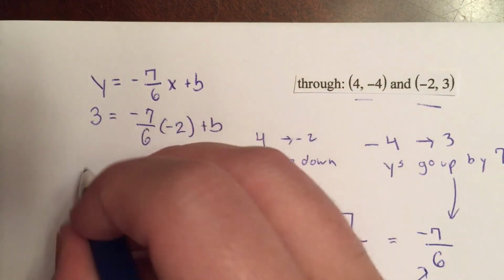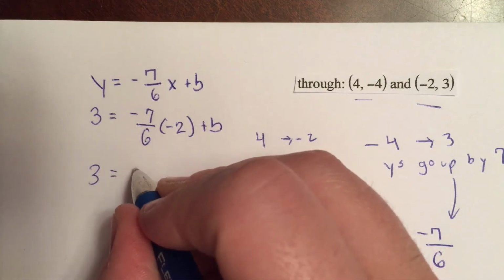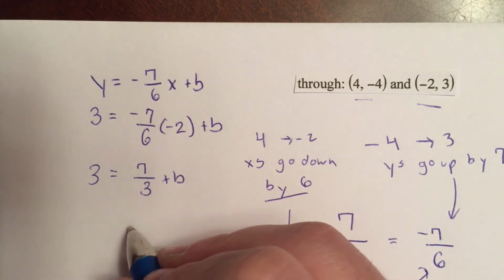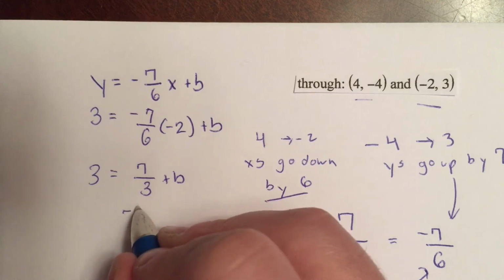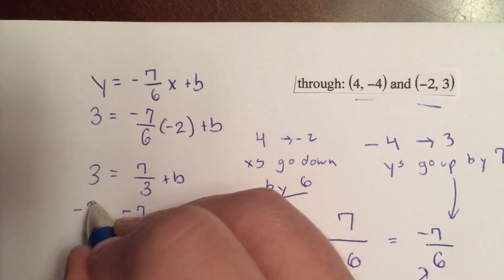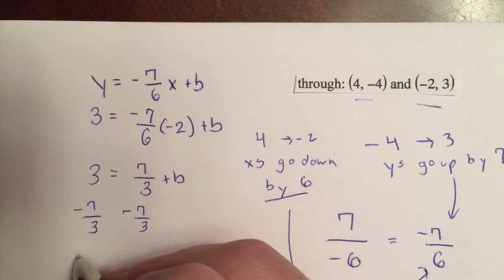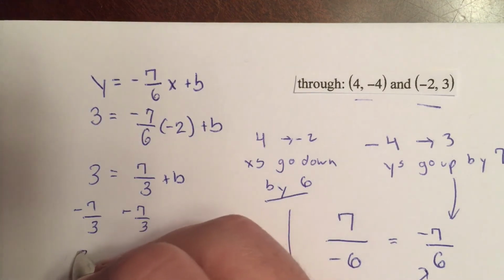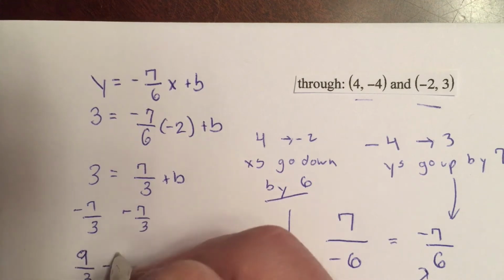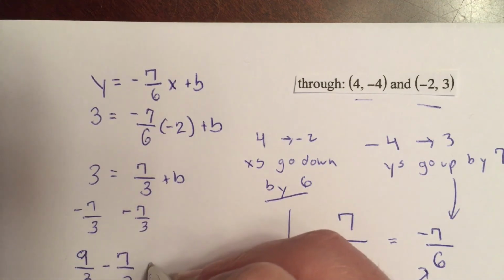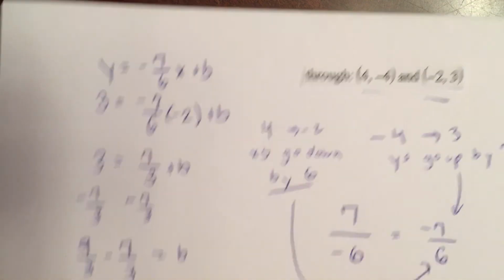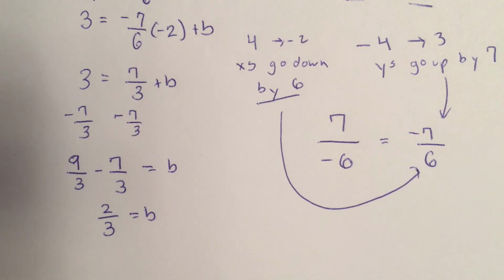And I'm going to try to solve for b. So I multiply both sides. I get 3 equals positive 7 over 3 plus b. Then I'm going to subtract 7 over 3 from both sides. 3 is actually 9 over 3. So 9 over 3 minus 7 over 3 equals b, which means b equals 2 over 3.